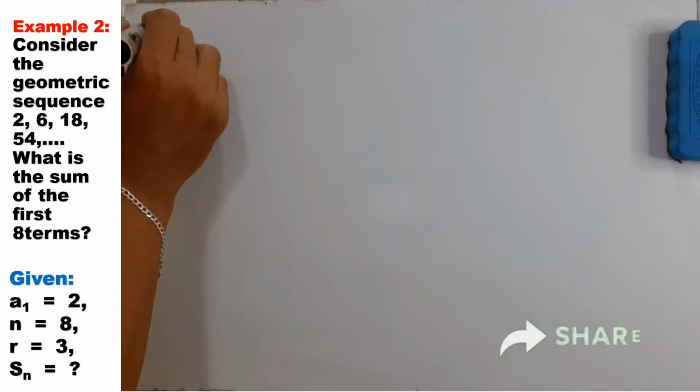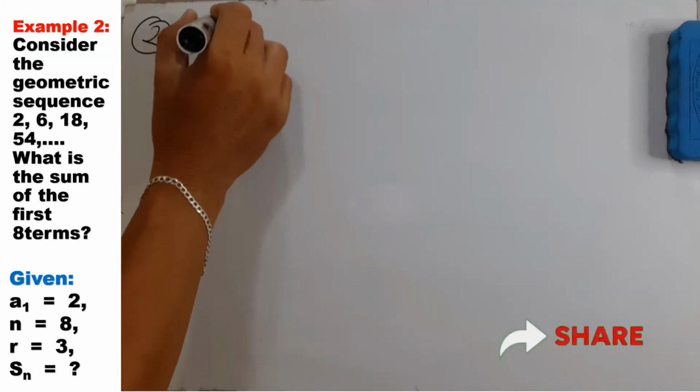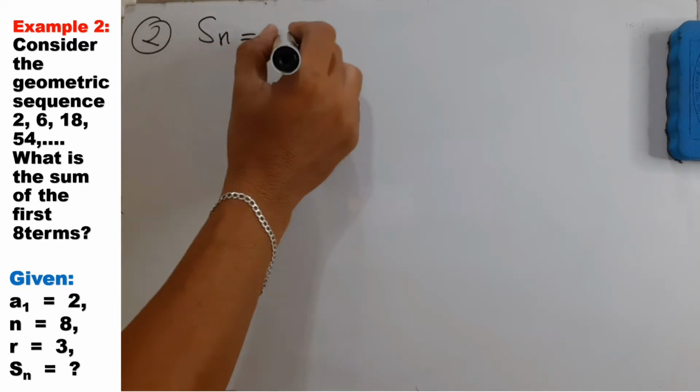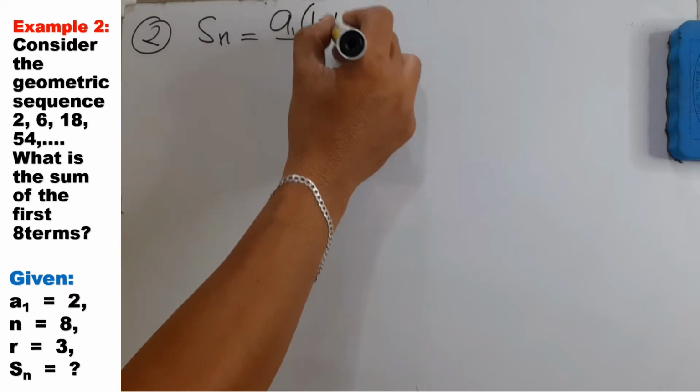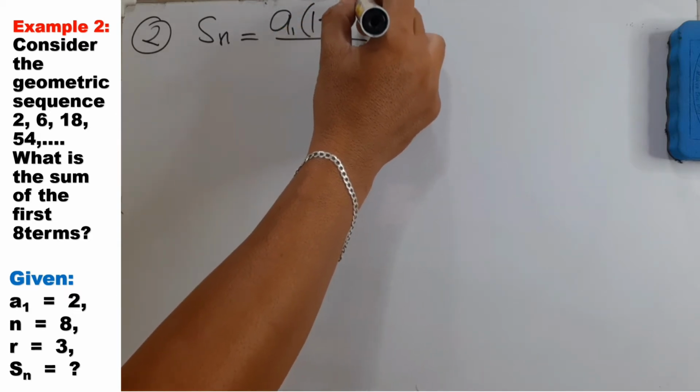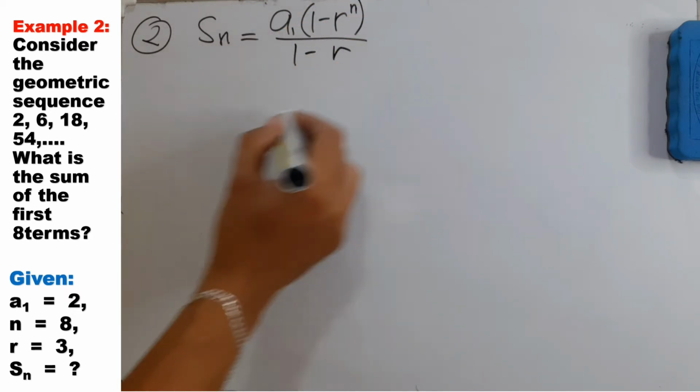To solve problem number 2, let us again start with the formula. S sub n equals a sub 1 quantity 1 minus r to the n all over 1 minus r.